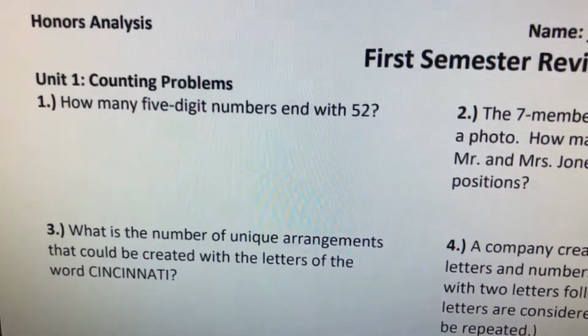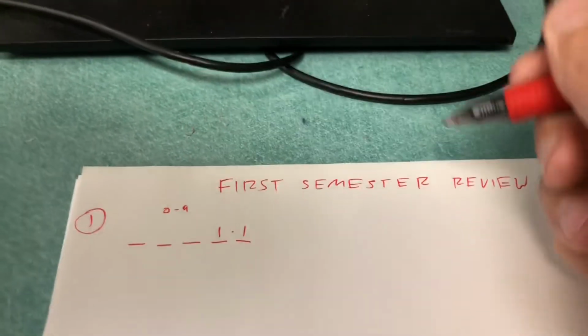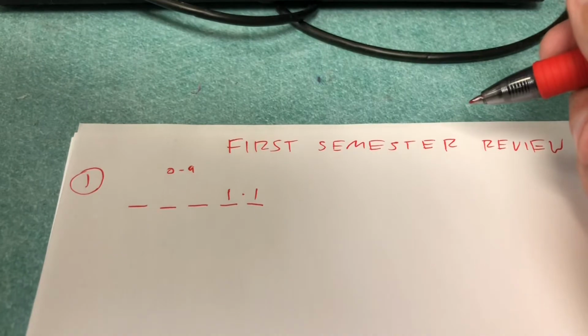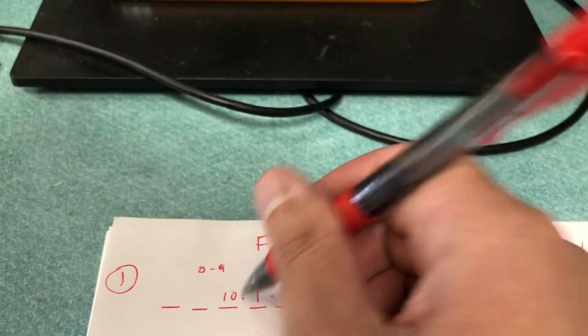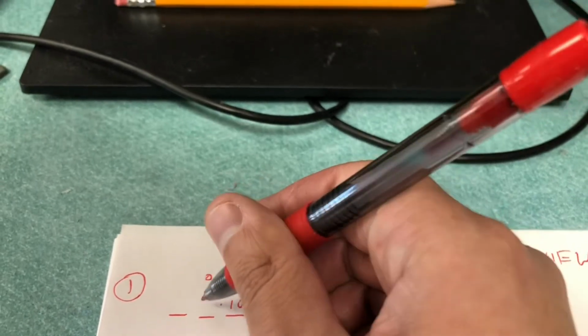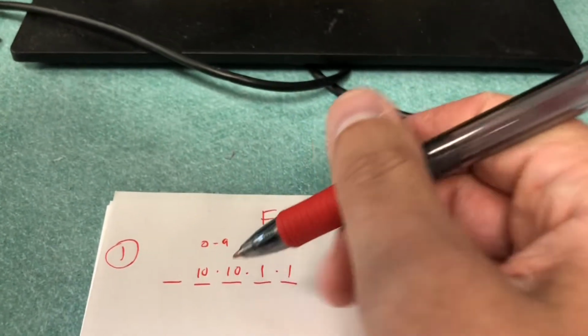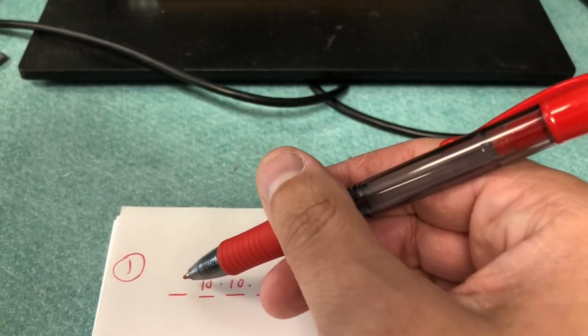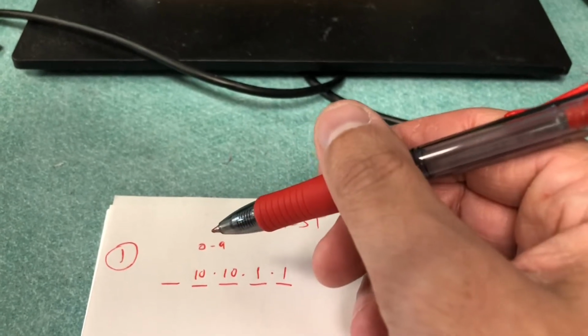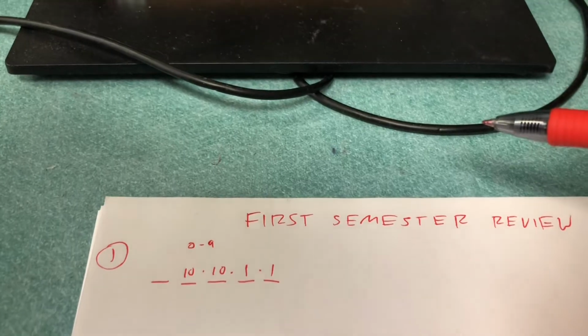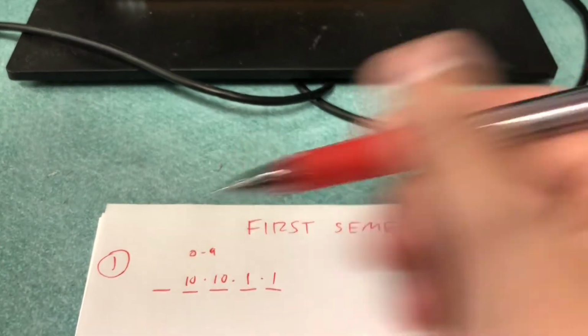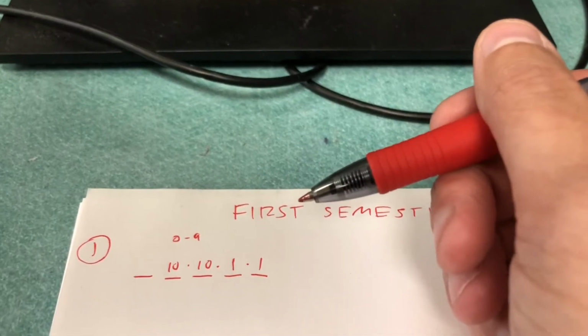Now the 5-digit number here, remember that the digits from 0 to 9, there are actually 10 digits between 0 and 9 if you count those up. So there are 10 possibilities I could have in this position here, 10 possibilities in this position here. The last position, if you think about it, I believe the way the question is worded, this is implying that we don't want to have a 0 in the first position because I wouldn't view a number beginning with 0 as being a 5-digit number.